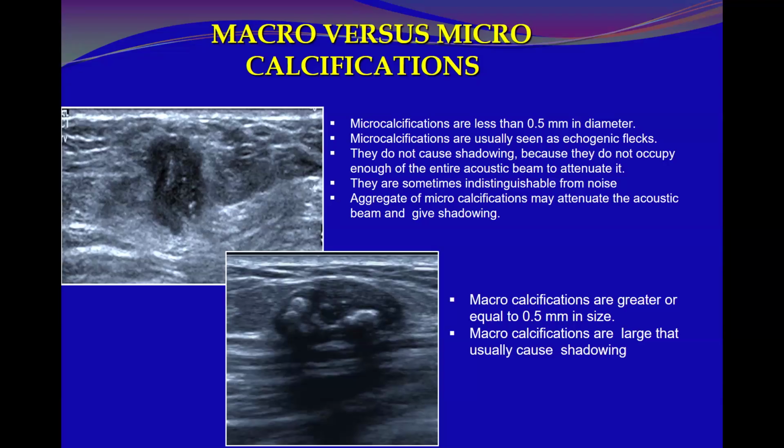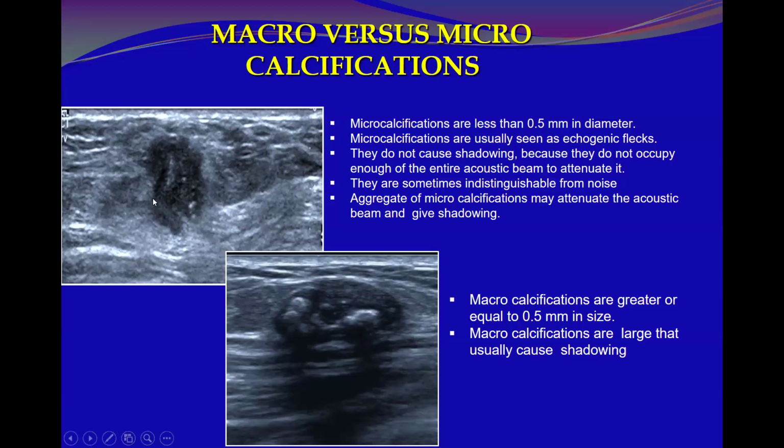However, when microcalcifications aggregate, clump together, making larger calcifications, they might occupy the entire acoustic beam, and then can result in attenuation and subsequent posterior shadowing.